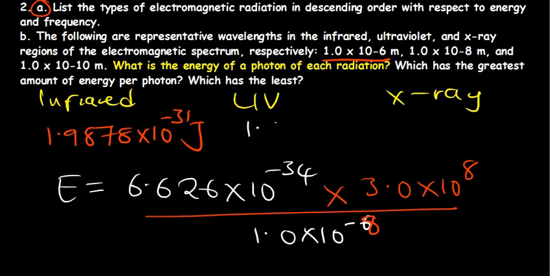That gives 1.9878 times 10 to the power negative 17, assuming my calculations are okay. And finally, 6.626 times 10 to the power negative 34 multiplied by 3 times 10 to the power 8, divided by 1 times 10 to the power negative 10.